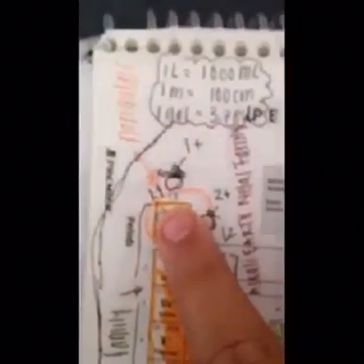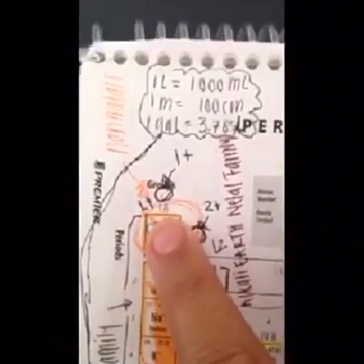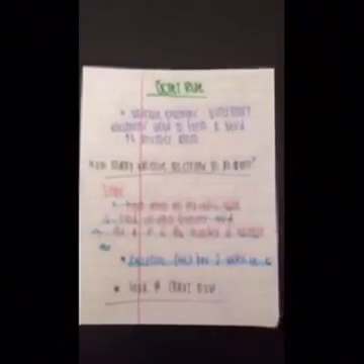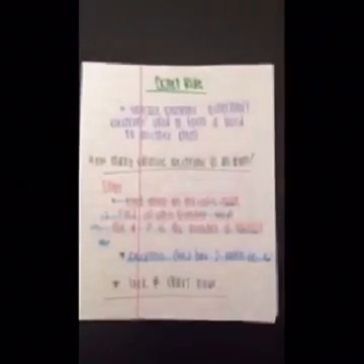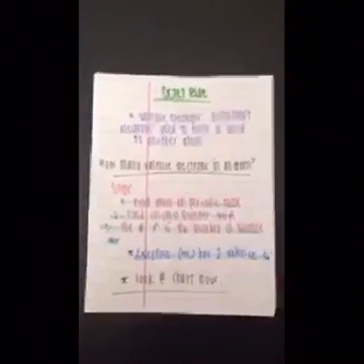So, let's say, for example, here. If you look closely, you can see that there isn't one A. Third step. The number that is above the A is the number of valence electrons.